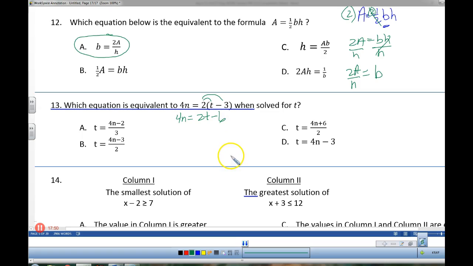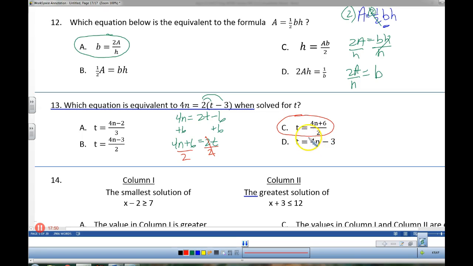I want t by itself, so I better get rid of this 6: plus 6, plus 6. That makes 4n plus 6 equals 2t. Still want t by itself, so let me divide by 2. And there we have it. t equals (4n plus 6) over 2. Found my answer. It is C.